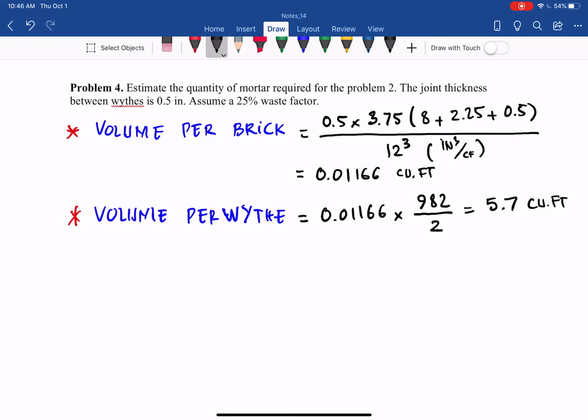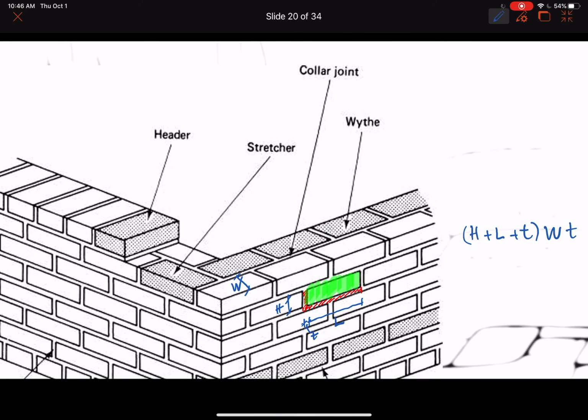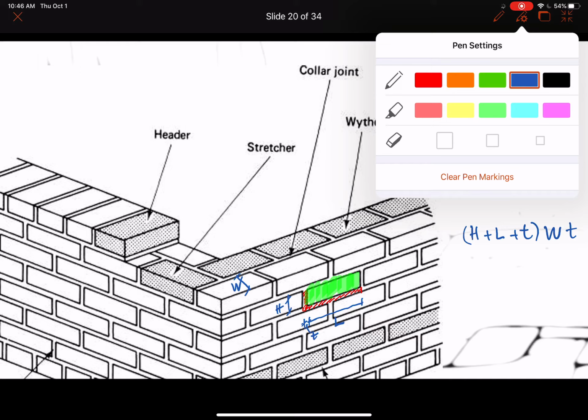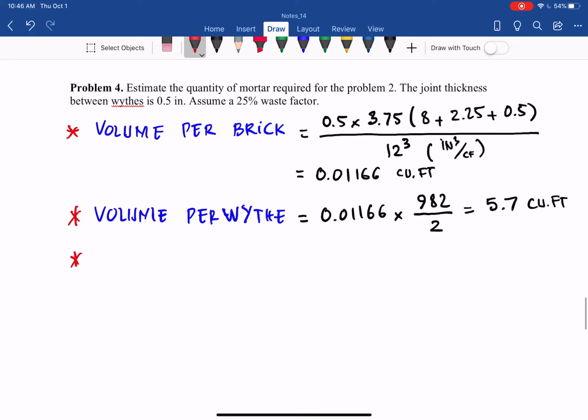And we need to find the volume between the widths. As you can see, there is also mortar between the widths. It will equal the net area times the thickness.